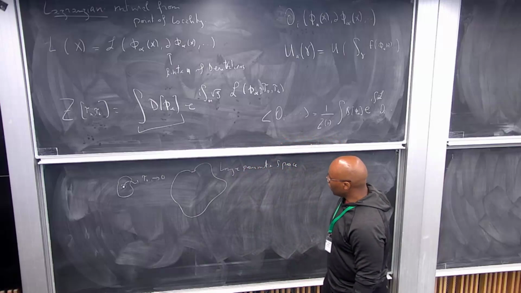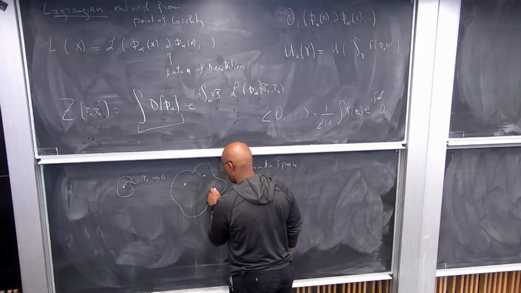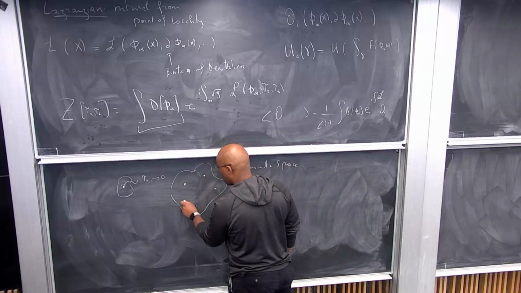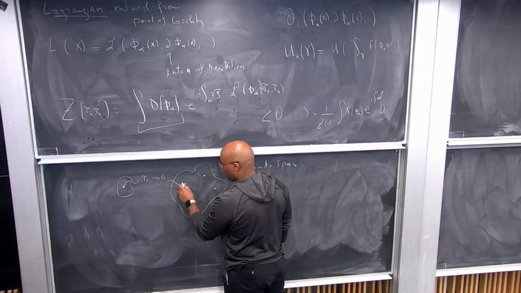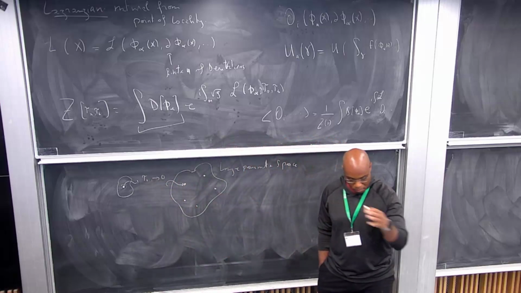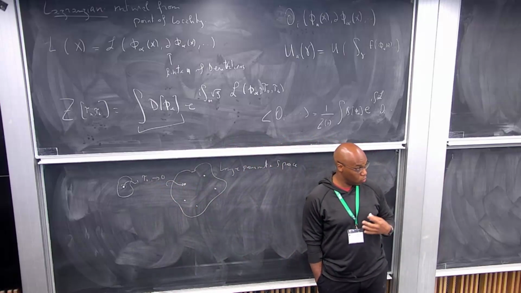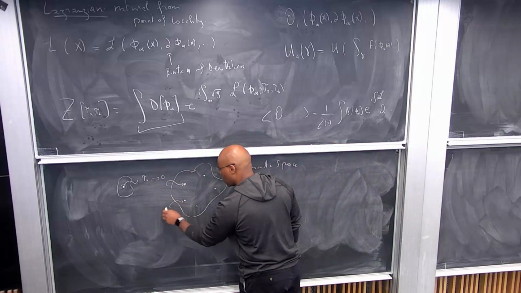Often in this parameter space, you can have various points which are singular in some suitable way. And what that means is that around these points, I can take some combination of the parameters, which I can call small, and I can expand around these things. So these are perturbative regions.